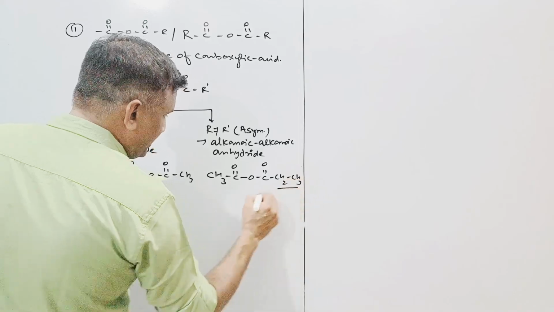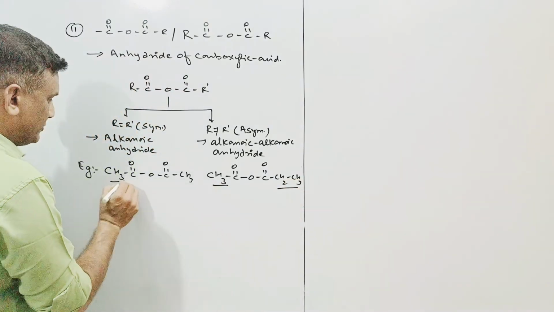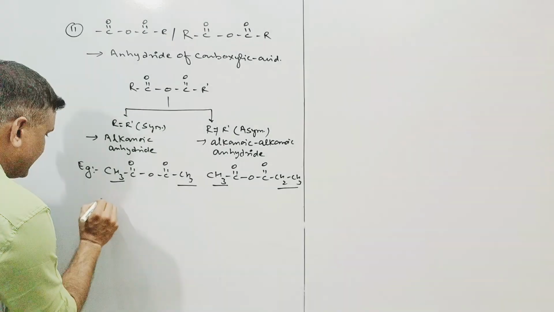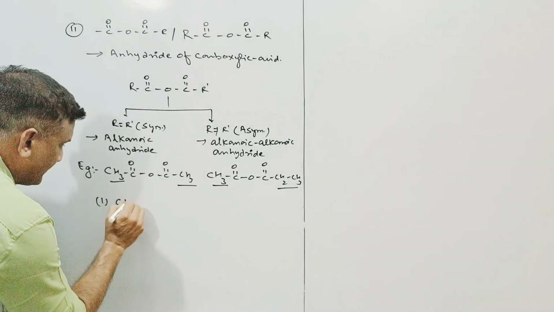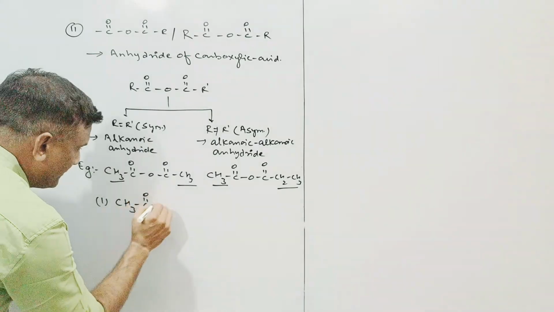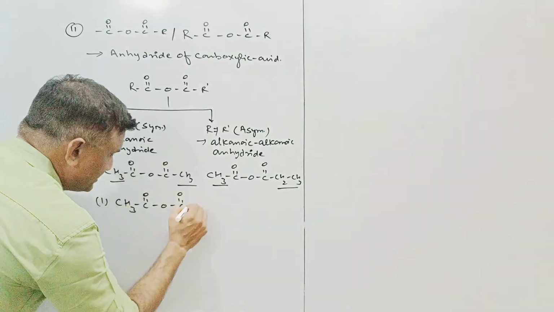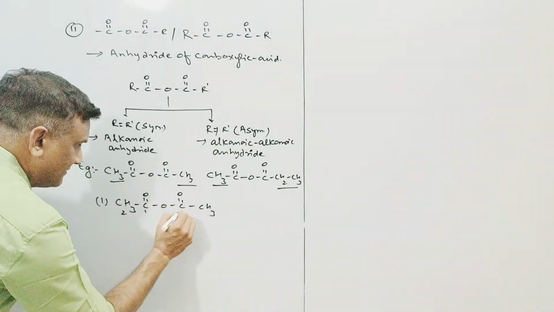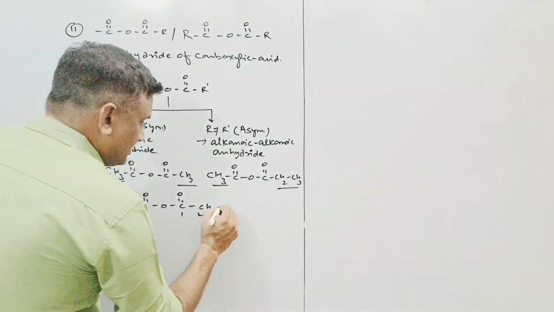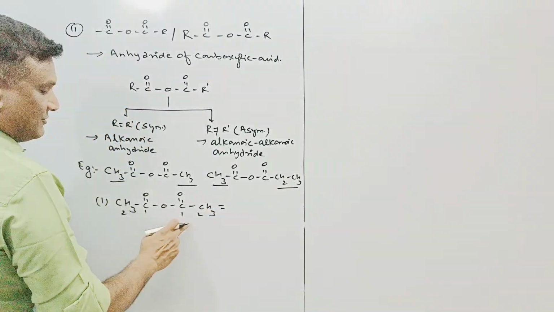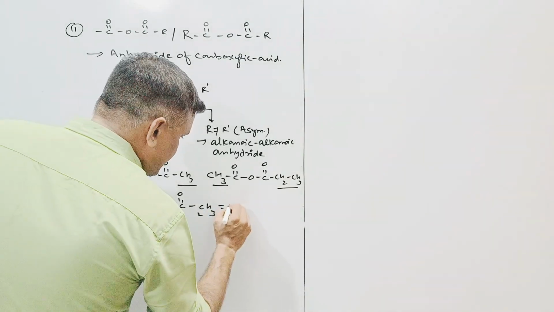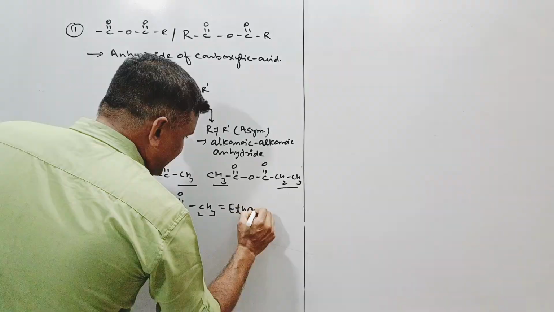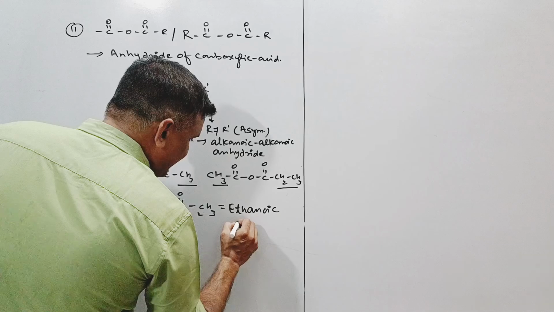You can see both alkyl groups are different and both alkyl groups are same. So if we'll go with the first compound, then we'll take this one also, CH3CO, OCO, CH3. So we'll take just only one part. Regarding to one part, there is only 2 carbon atoms, so it will be used for the 2 carbon atom eth, due to presence of single bond an, and oic anhydride.